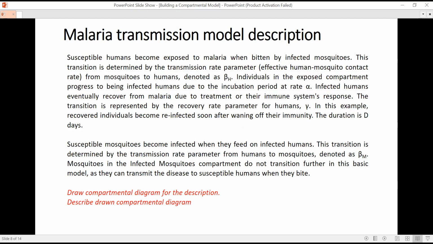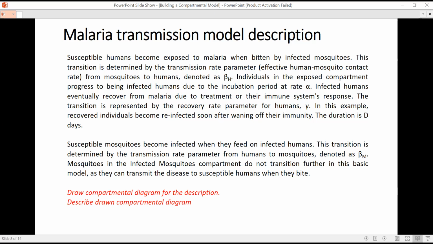This particular example says that susceptible humans become exposed to malaria when bitten by infected mosquitoes. This transition is determined by the transmission rate parameter, also known as the effective human-mosquito contact rate. Effective because it ends up in infection from mosquito to humans, and it is denoted as beta of humans.